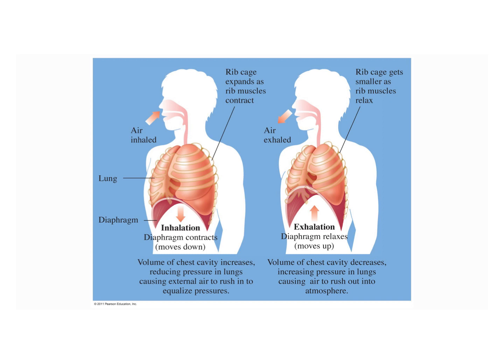When we exhale, the diaphragm moves up, decreasing the chest cavity volume, and it increases the air pressure in the lungs, and it causes the air to rush out into the atmosphere. So this is a great example of Boyle's law.